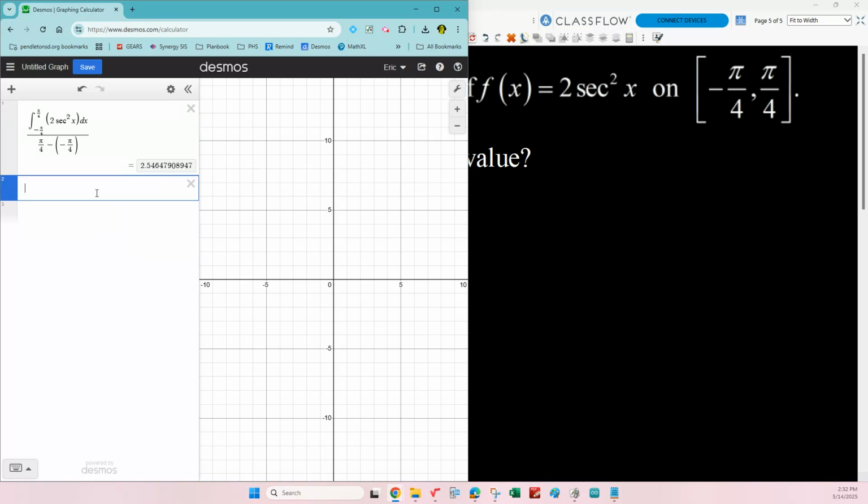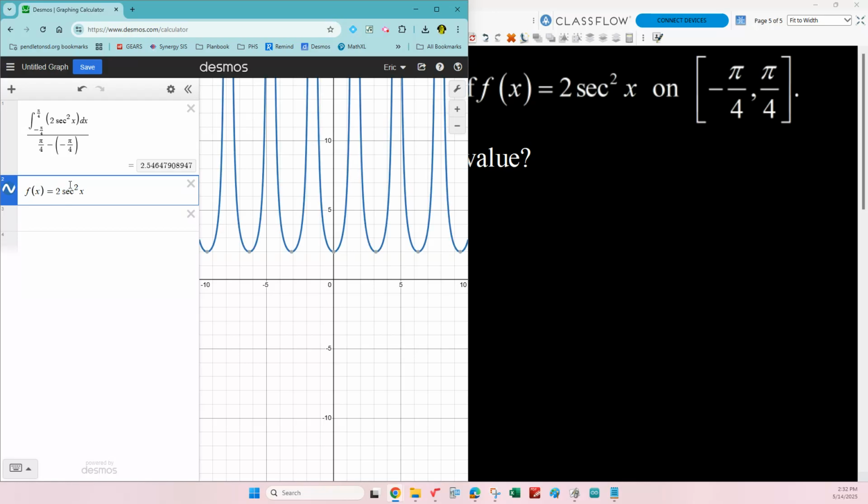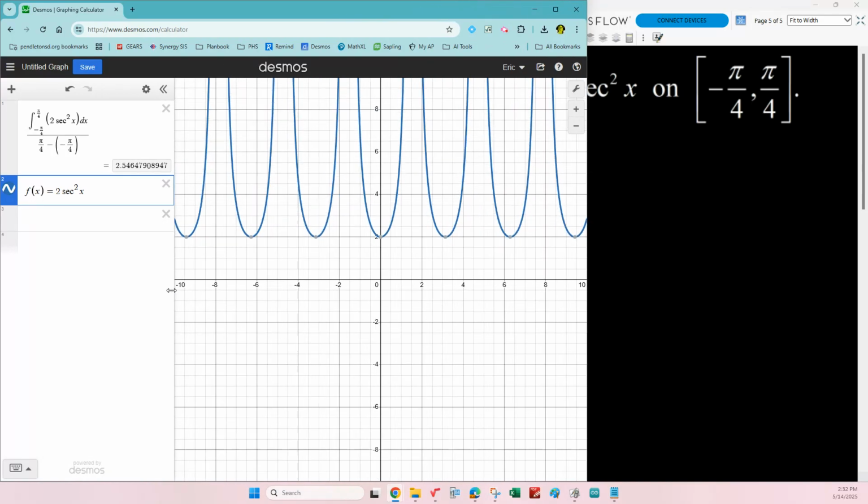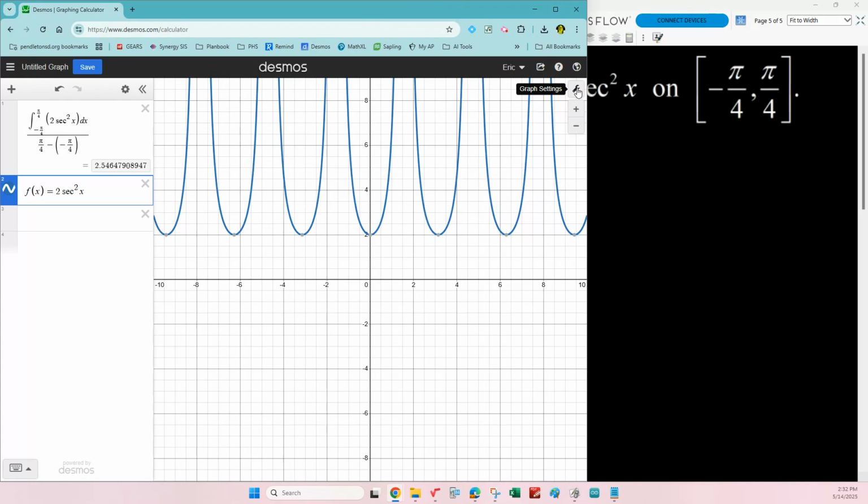So in other words, what I want to do is graph the function. I'm going to graph f of x. So there's my function. Now I can set this up so I don't need a great big window. What do I want to set my window to go from?